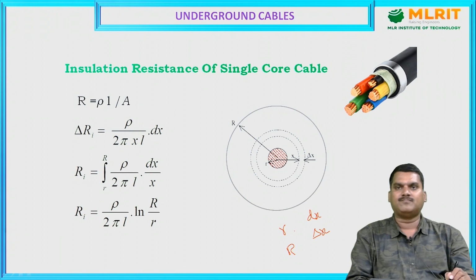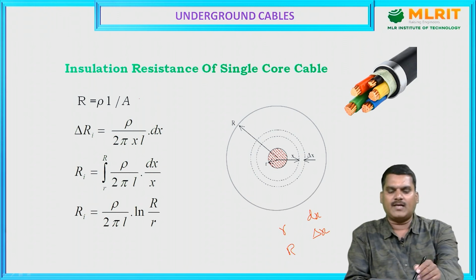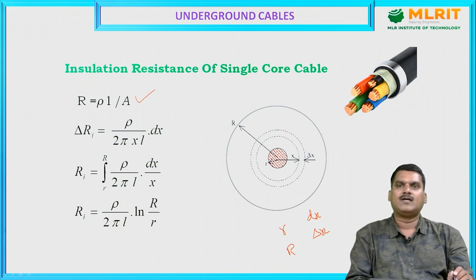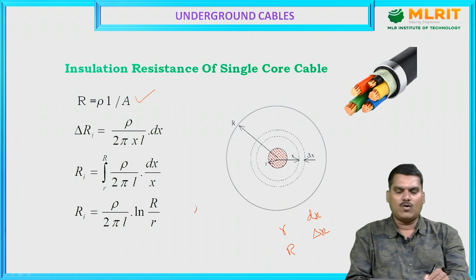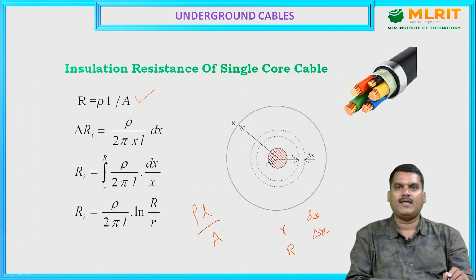For a conductor, the resistance value is given by rho L by A, where L is the length of the conductor, A is the cross sectional area of the conductor, and rho is the resistivity of the conductor.